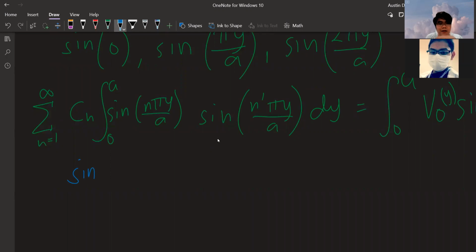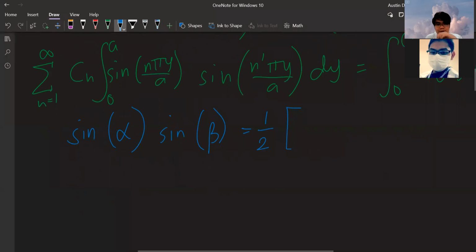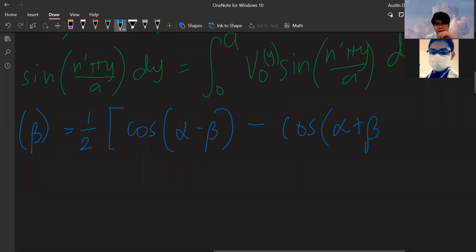The multiplication of sine alpha and sine beta is just 1/2 of the cosine of the difference of alpha and beta minus the cosine of the sum of alpha and beta.